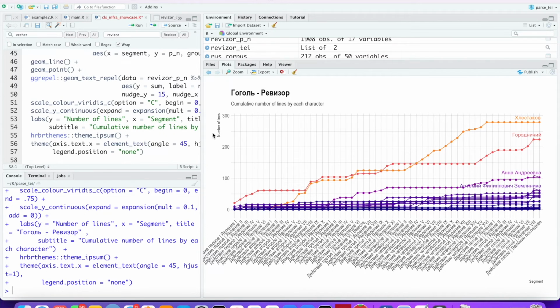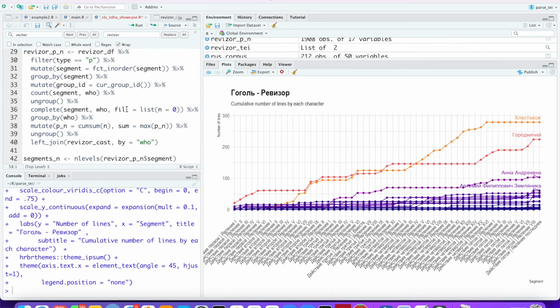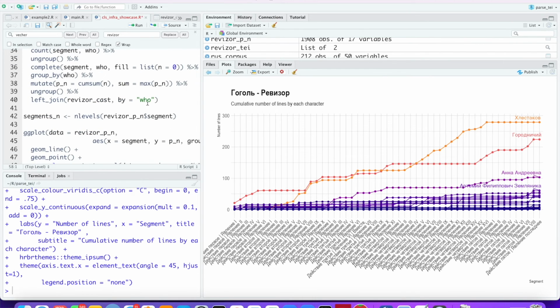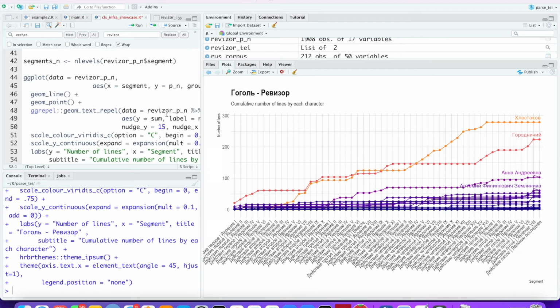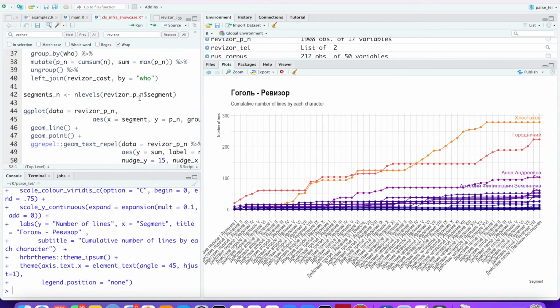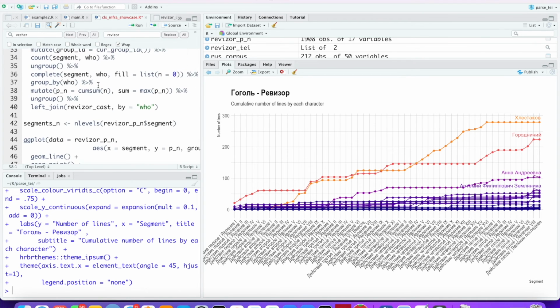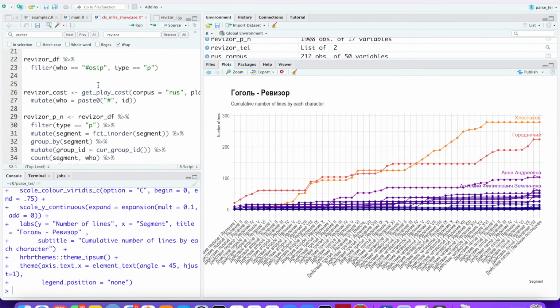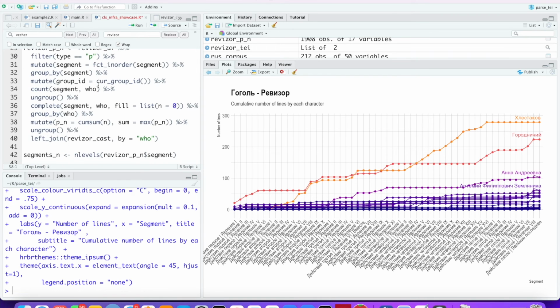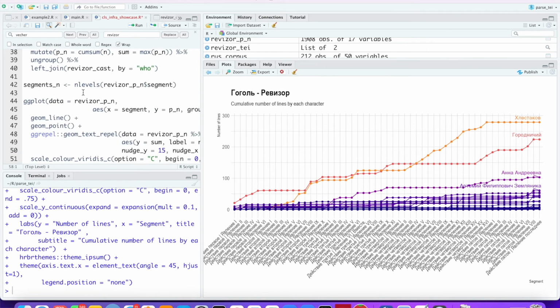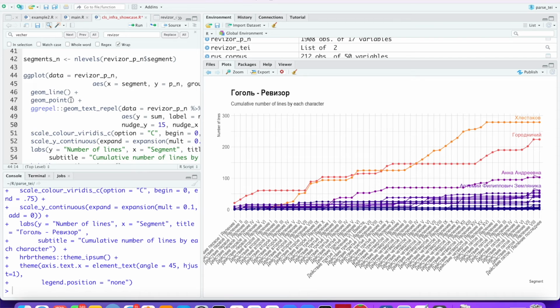So it's all based on the Drakor package and working with it, and of course some additional preprocessing using tidyverse and dplyr and maybe somewhere tidyr. No, I think it's only dplyr. And I visualized it using ggplot.